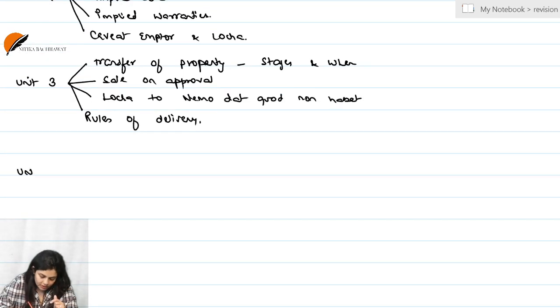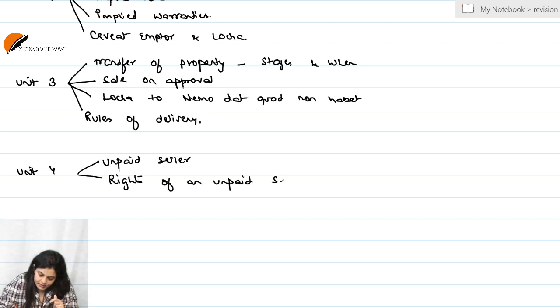Moving on to Unit 4. In Unit 4, we had who is an unpaid seller, what are the rights of an unpaid seller. So basically, this unpaid seller had rights both against the goods as well as against the buyer.